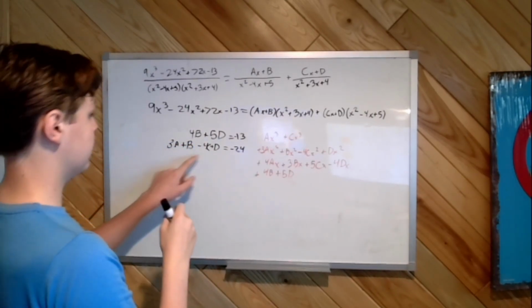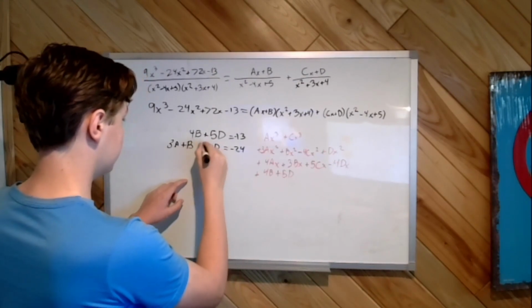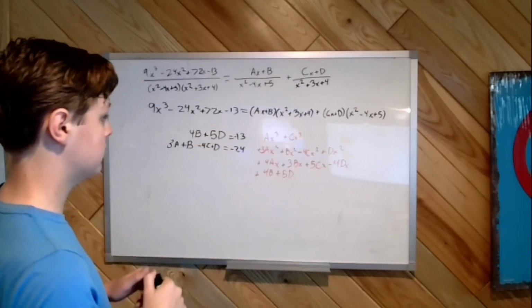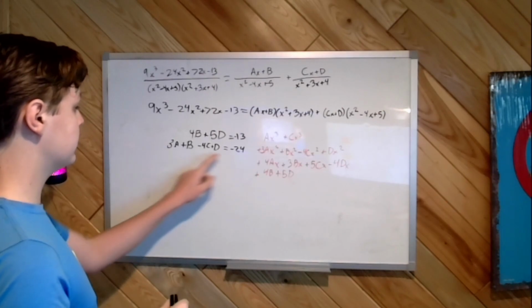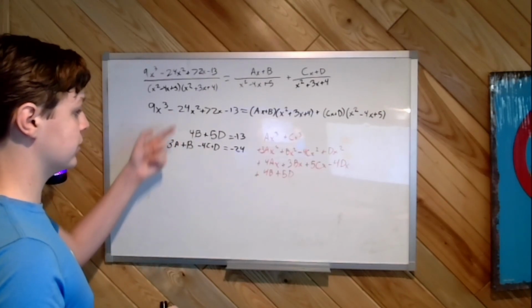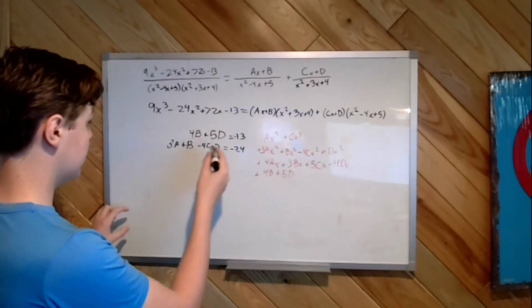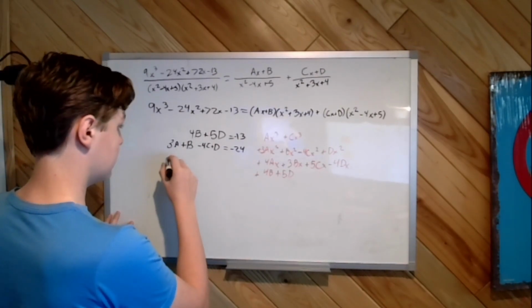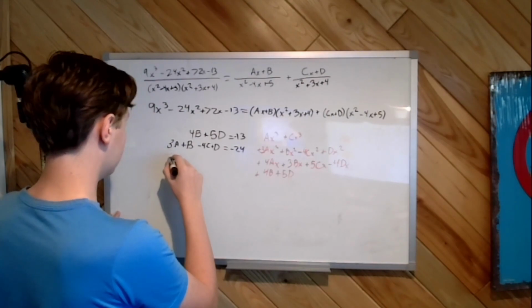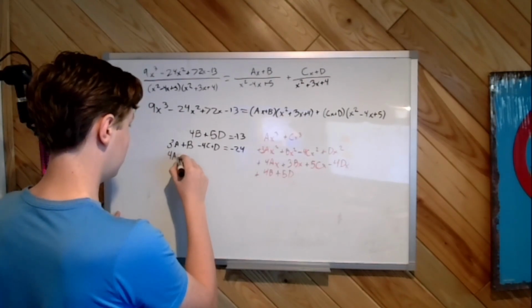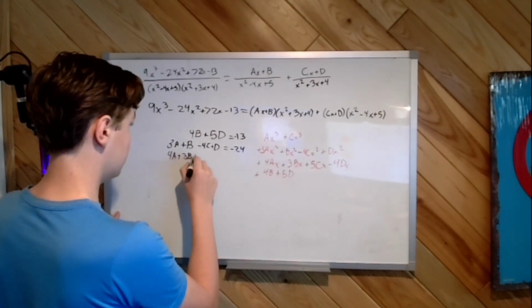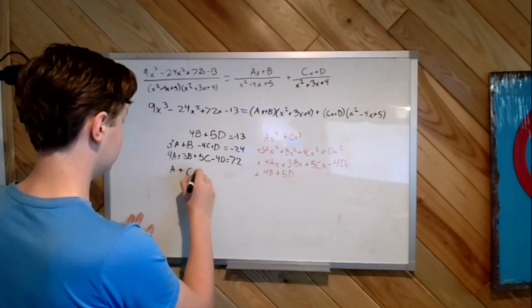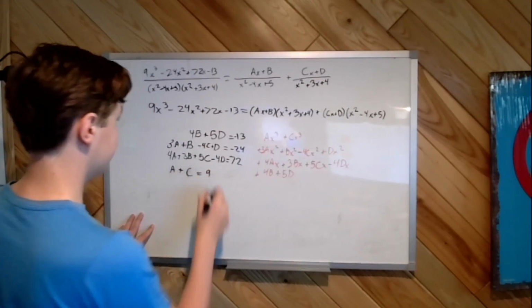So all of these are going to have to add to negative 24 to get this coefficient for the quadratic term. And now we're going to have 4a plus 3b plus c has to be equal to 9.